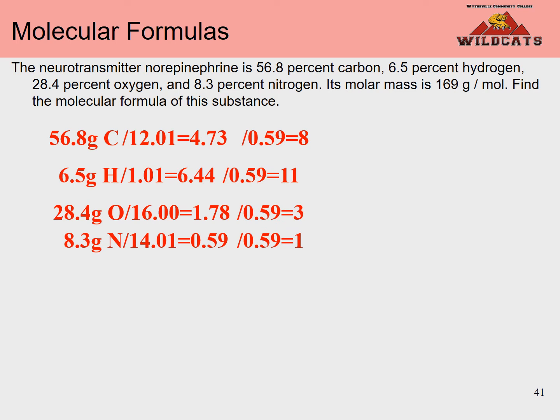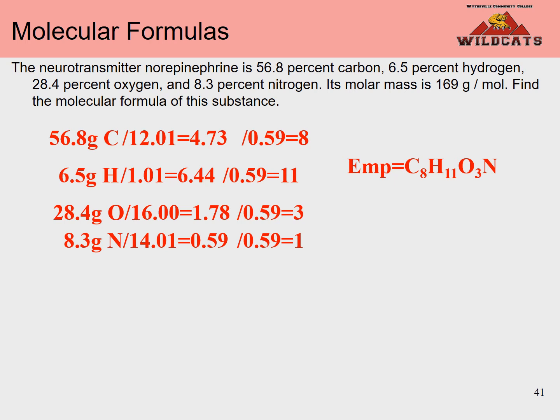And so I get this interesting molecule whose empirical formula is C8H11O3N. But if you'll notice, this is asking for the molecular formula. Now, sometimes the empirical formula and molecular formula are one and the same. Water is a perfect example of that. Its empirical formula is H2O. Its molecular formula is H2O.